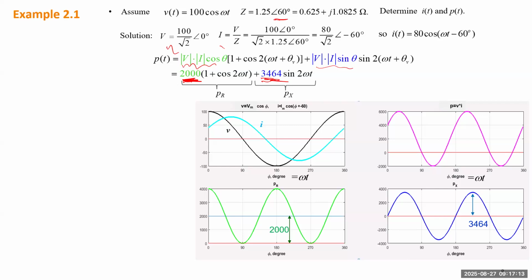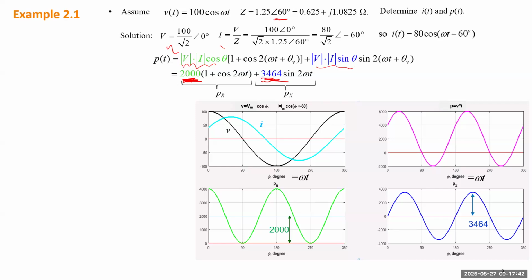The second item doesn't cause any energy consumption, but it tells a certain pattern for the load to exchange energy with the source. For example, if this area is positive, for this 90 degrees, which is a quarter of the full period of the voltage and current, the energy consumption by the load is positive.